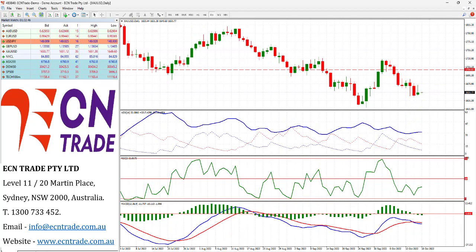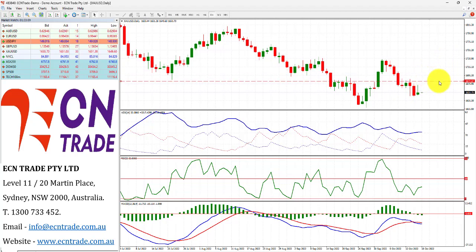Gold did make an attempt to at least clear some of those losses from Friday, but failed. But we've got an inverted hammer, and therefore could see further gains towards the top side, which comes in anywhere towards the region of 1,660 to 1,680. Let me bring this down a little bit.